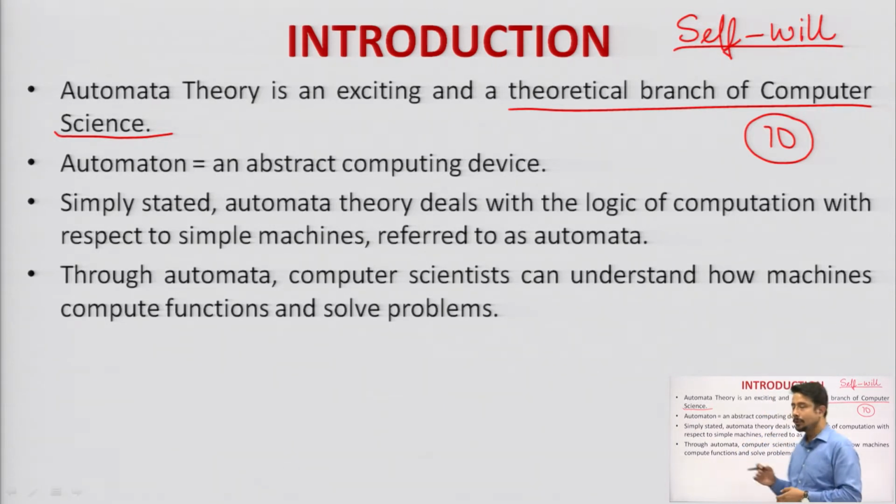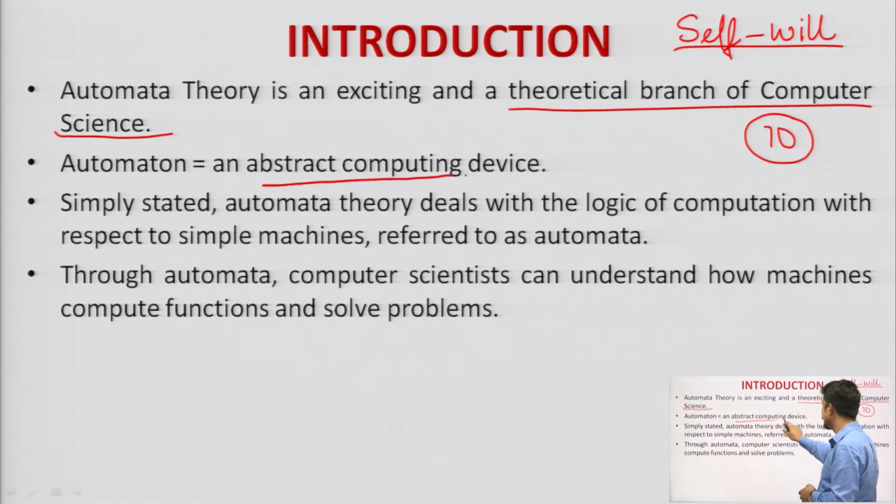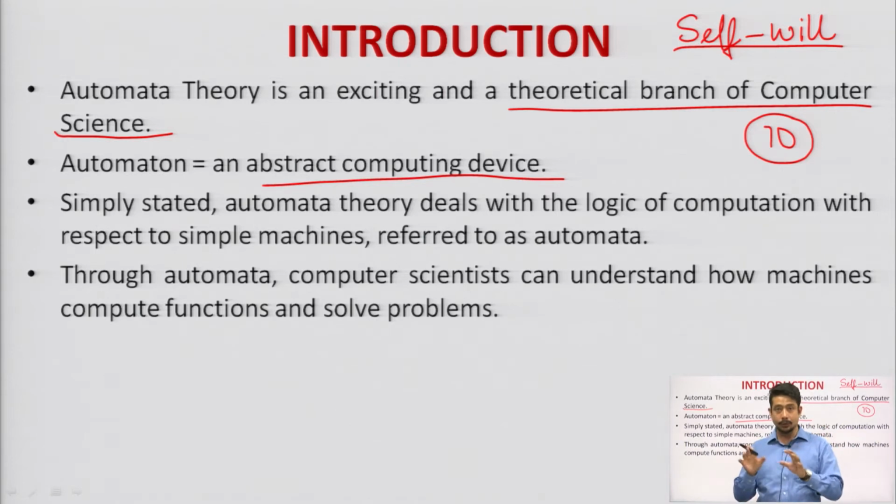Now, come to the next point. The next point says that an automaton is an abstract computing device. Abstract, it is not real. We are just trying to abstract a few key features from every machine, and we need to understand as an end user, not a developer.